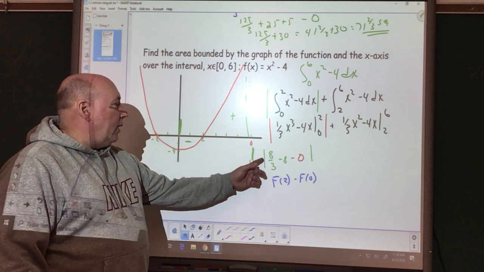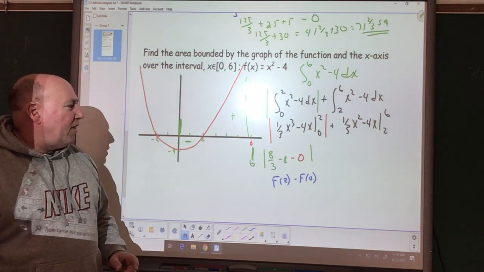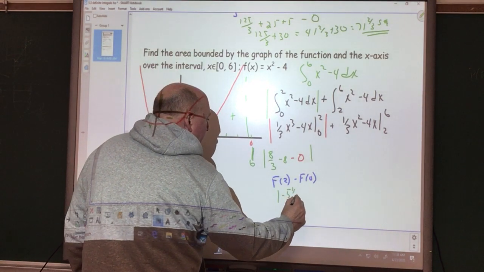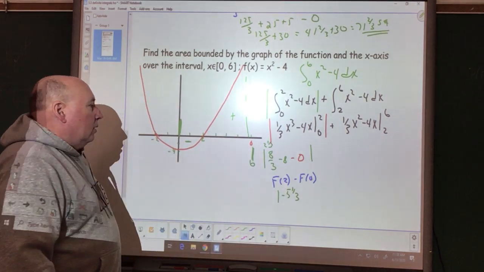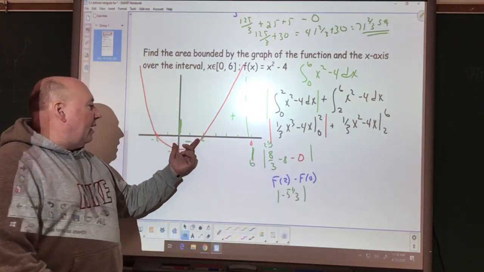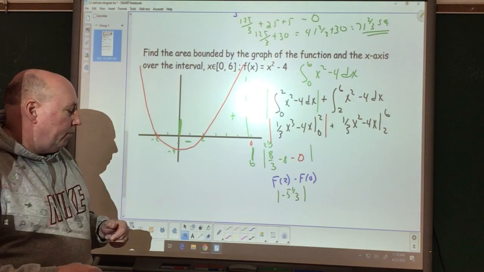So we have 8/3 minus 8, so we have negative 5 1/3. You can see this area here is going to give us a negative area. That's why we have to take the absolute value of it.